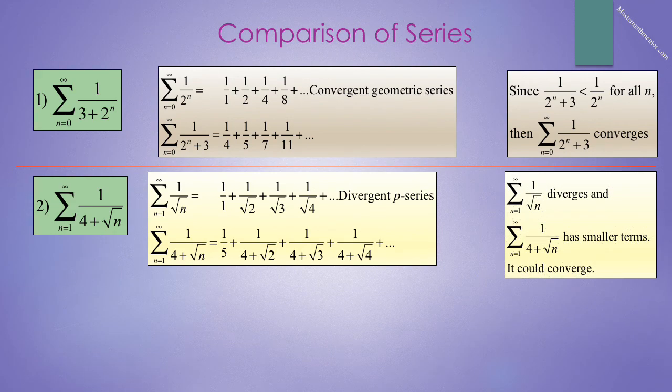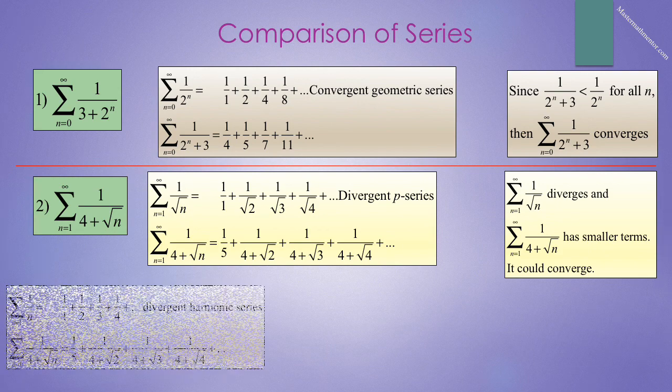So the summation of 1 over the square root of n diverges, and the summation of 1 over 4 plus the square root of n has smaller terms. That means it could converge, which means that this test is inconclusive. We need to find another series to compare it to.